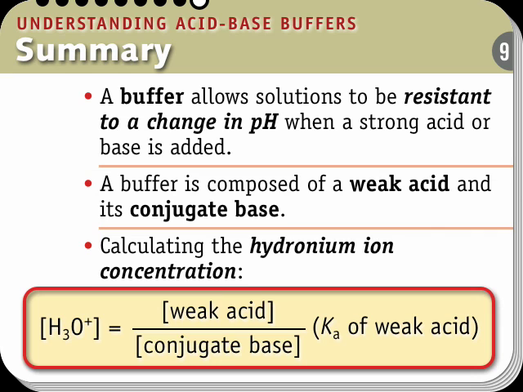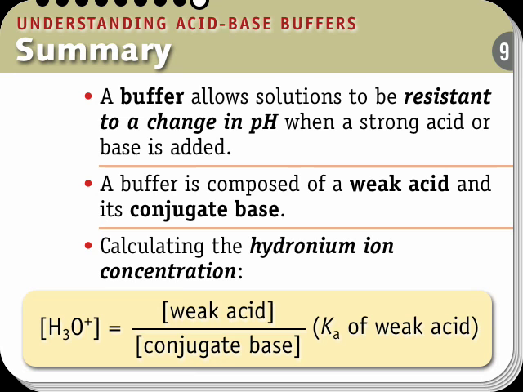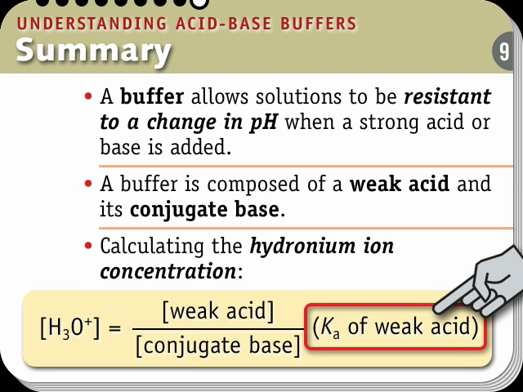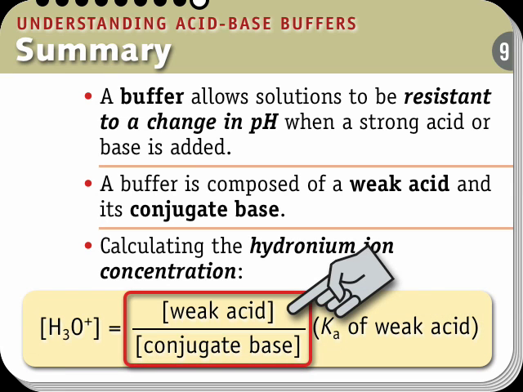The hydronium ion and acid and conjugate base concentrations of a buffer are related to Ka by the usual mathematical expression for a weak acid. The concentration of hydronium ion is controlled primarily by Ka and secondarily by the ratio of acid to conjugate base concentrations. But because the acid and conjugate base are in the same volume of solution, this ratio is the same as the ratio of amounts or moles of substances.